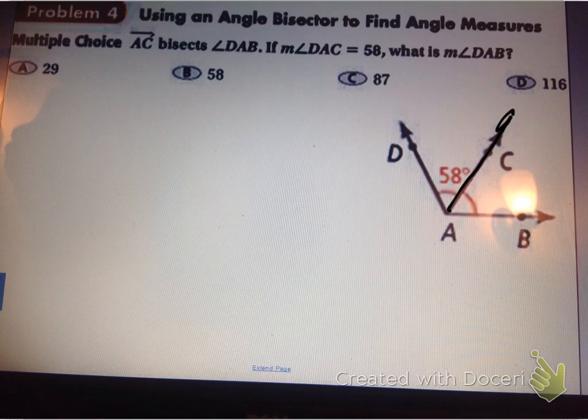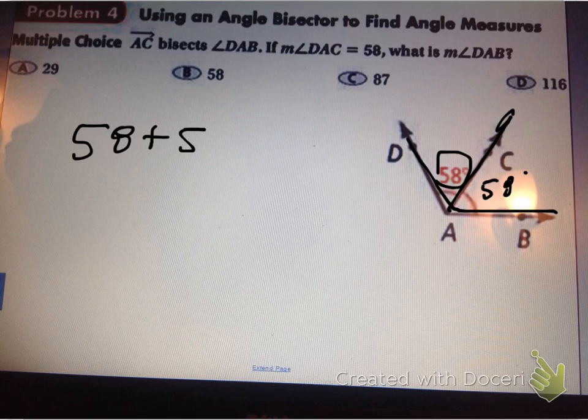So if this is 58 here, then this also has to be 58. Alright, so what is DAB, the big angle? Well, you're going to take 58 and add 58 and get 116. So fill in D over here.